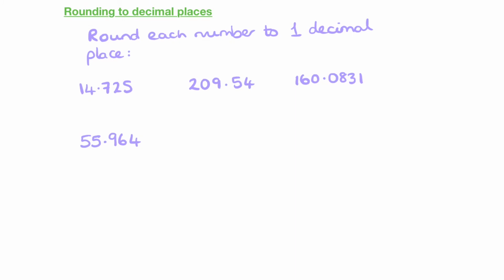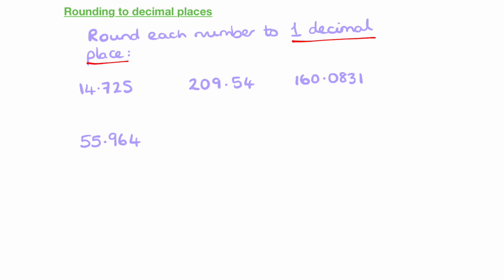And first of all, we're going to round to 1 decimal place. So what that means is when we've finished, our number should have 1 decimal place or 1 number after the decimal point. And the way that we do this is quite straightforward. It's following everything that we've been doing already. Okay, so if we're rounding to 1 decimal place, we need to identify the number that is in the first decimal place.